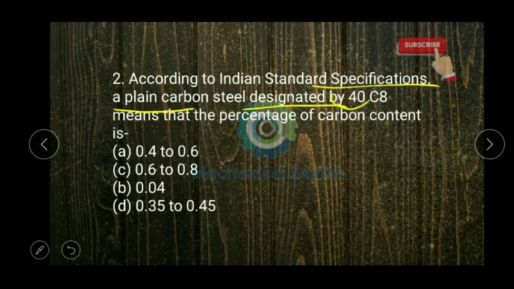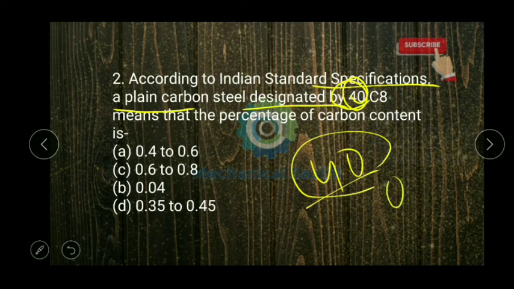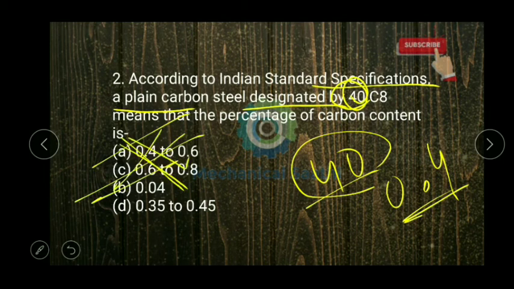It will be 40 percent, which we can say is 0.4. If we see all the options, three of them are wrong.